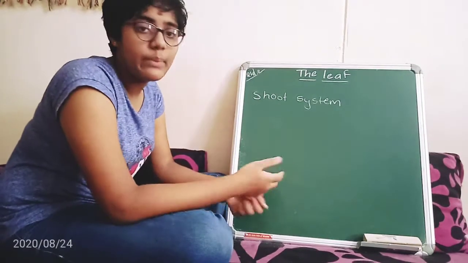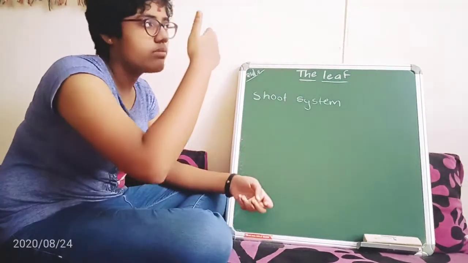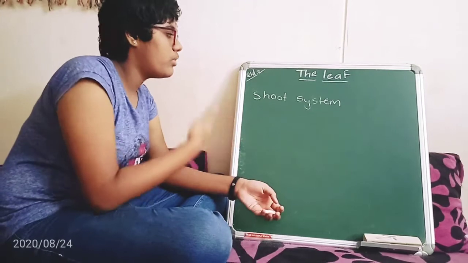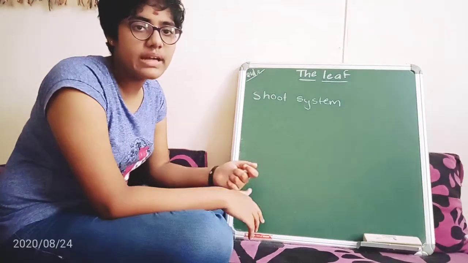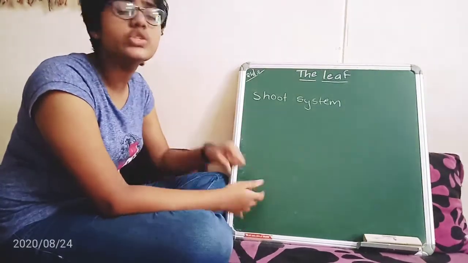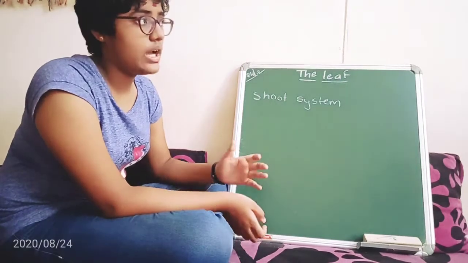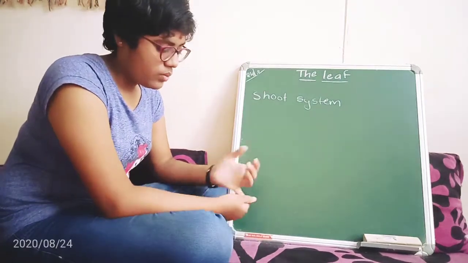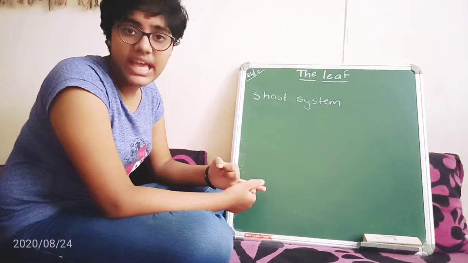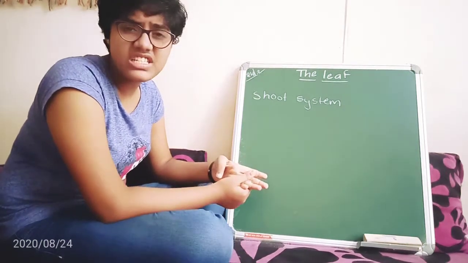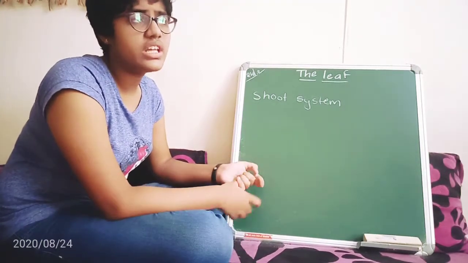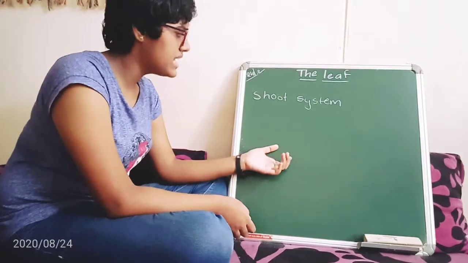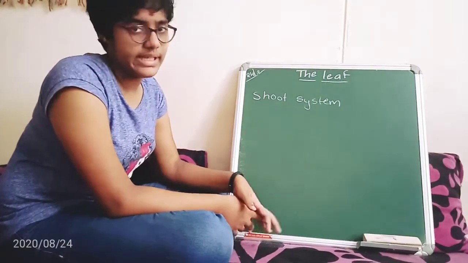Above the soil, whatever parts are there, the whole parts are known as the shoot system. What are the parts? The stem, leaves, branches, flowers, etc. Whatever the aerial parts are is known as the shoot system.